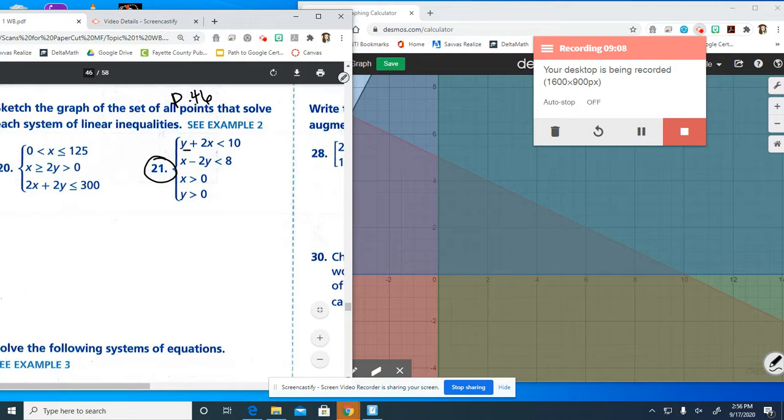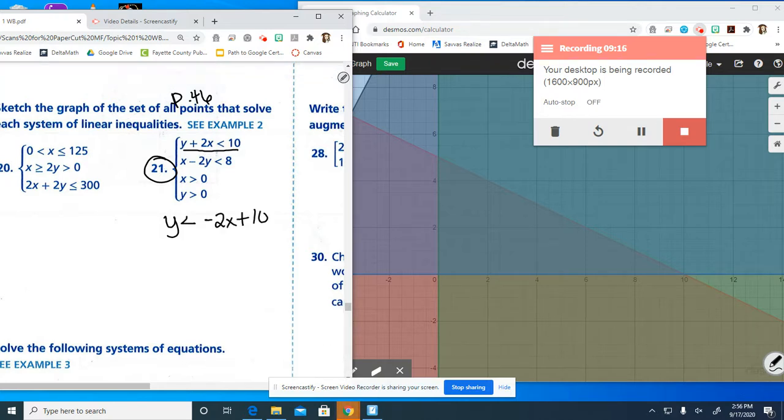So I need to simplify each of these and get the y by itself. So y is less than, subtract 2x on both sides, negative 2x plus 10. Then I can subtract x on both sides to get negative 2y is less than negative x plus 8.